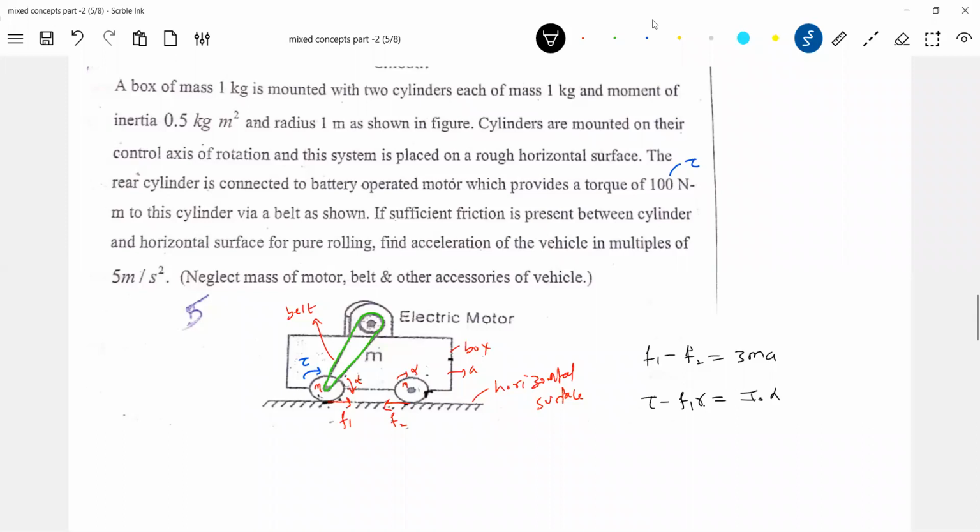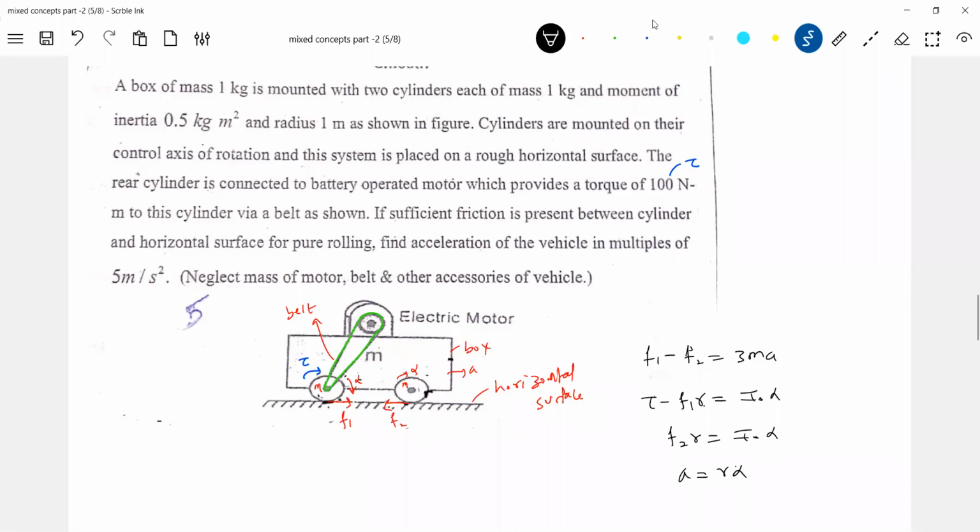Moment of inertia is also given, I naught. Then for the front cylinder, F2 into R equals I naught alpha. Then for pure rolling, A equals R alpha.